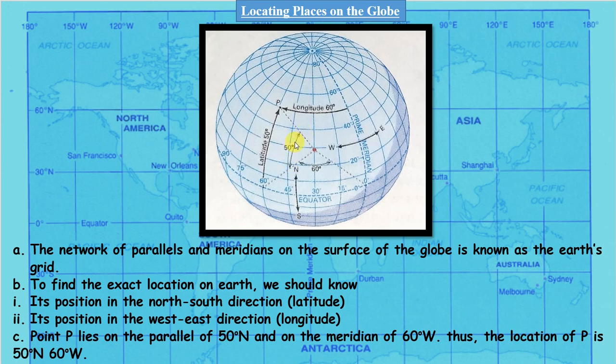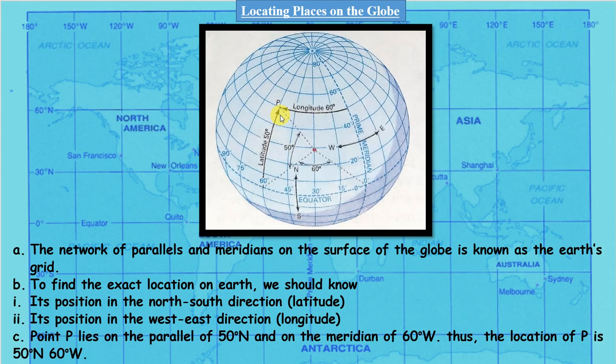We have to take the center of the earth as the center, and from there we'll be drawing the angle. As we can see, taking this as the center, it is making an angle of 50 degree, and we always try to find out latitudes vertically, the position of the particular point.